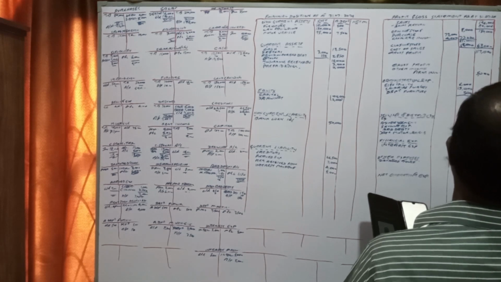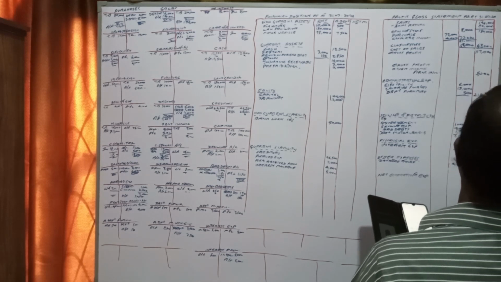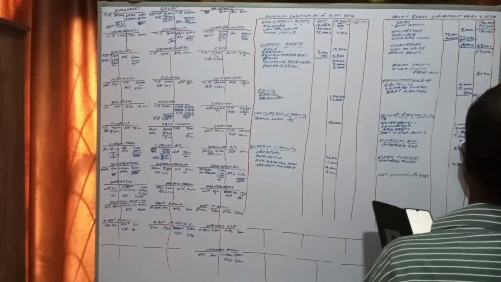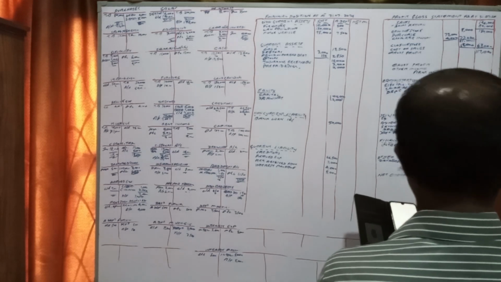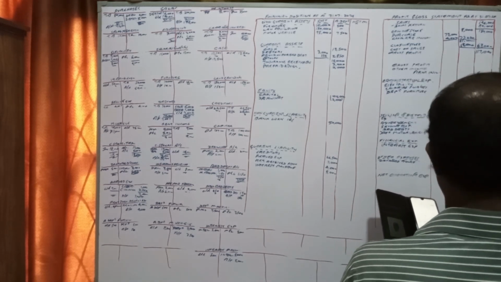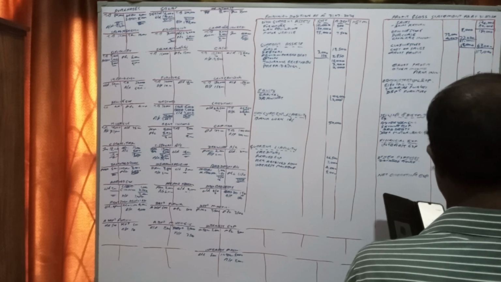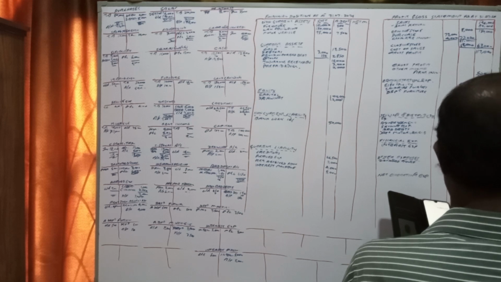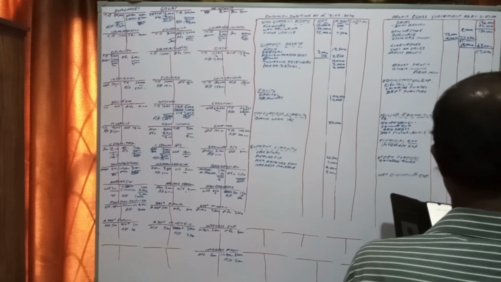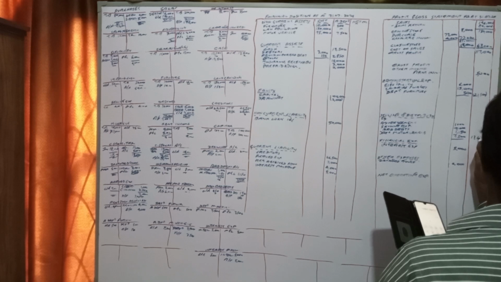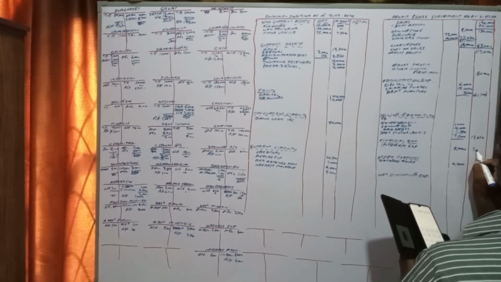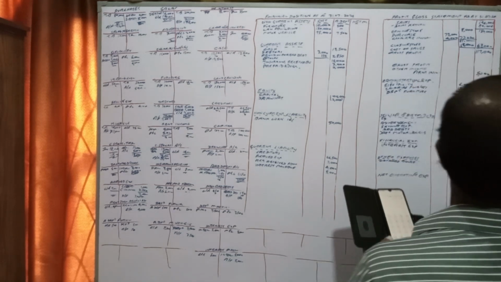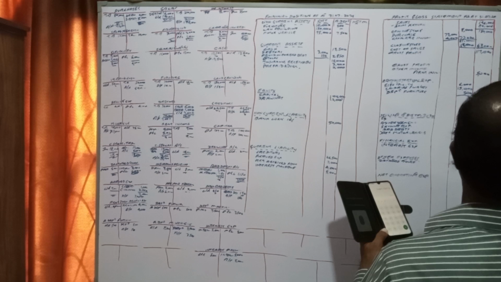Here we will say 21,500, right? Deducted. Here we will say 1,000, 4,000, 1,150 plus 7,500, 13,650. This is 5,000. This is 2,000. Right? We have to deduct all these things.